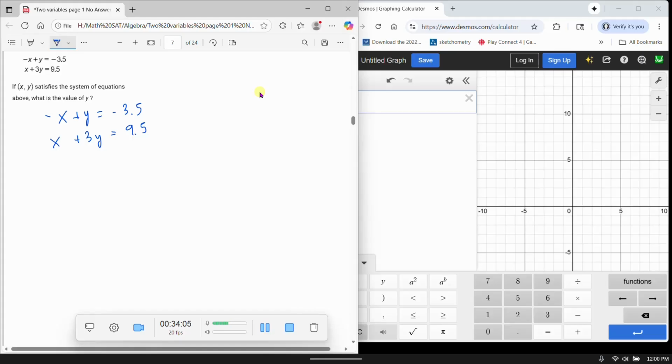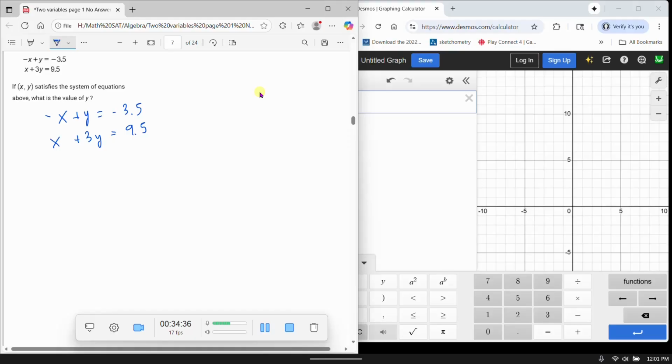It's quicker and easier. But keep in mind the coefficients need to be exactly the same or opposite. For this one, the coefficient of x in the first equation is negative 1.